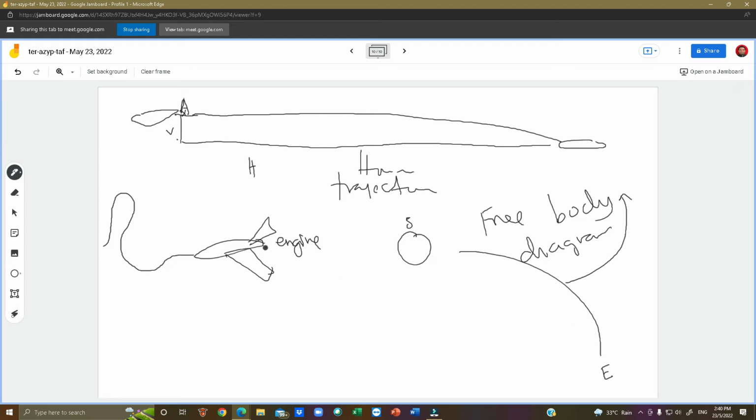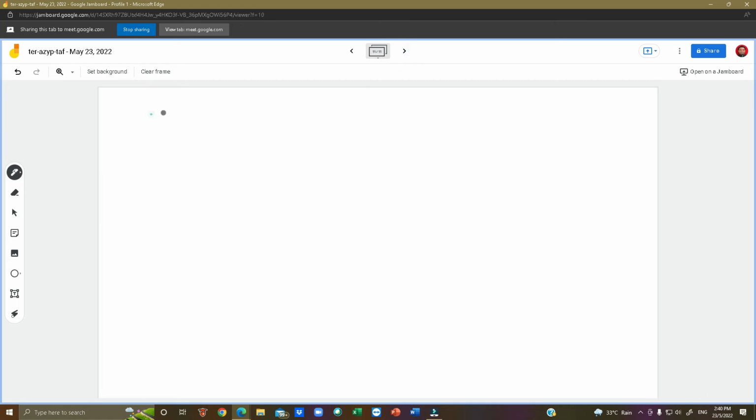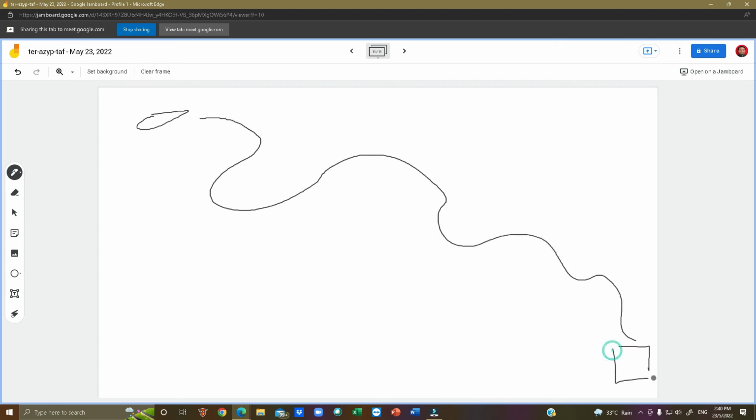Kalau kapal terbang ni, kita buang enjin dia. Dia gliding je. Katalah dia start sini kan kapal terbang. Dia glide. Berhenti. Gliding. Is it a projectile? Yes.